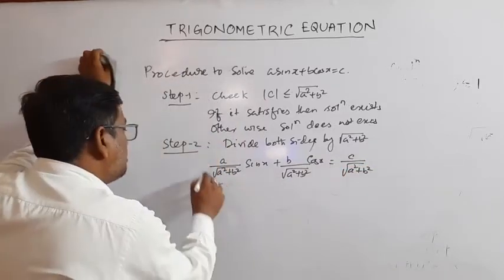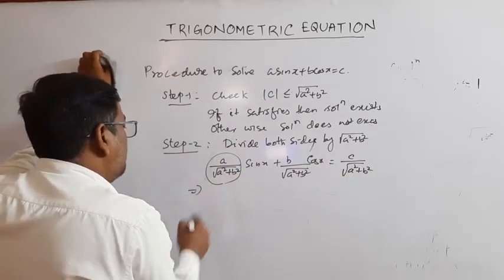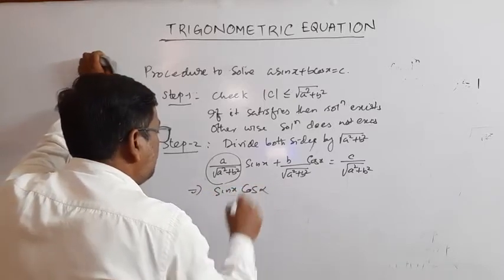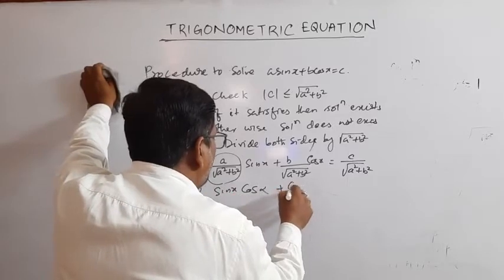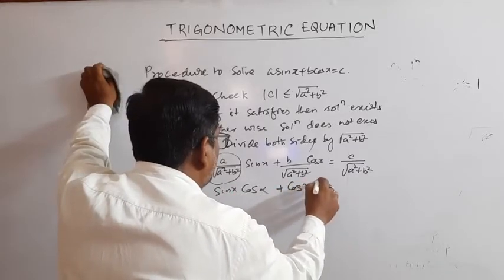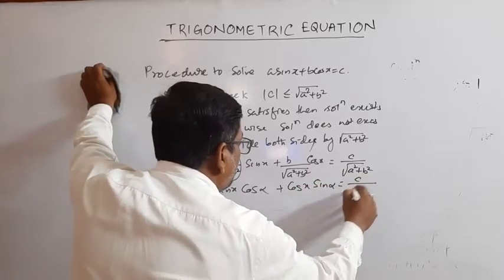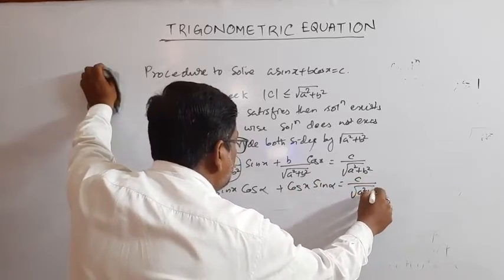This is cos alpha, so sin x into cos alpha, and this is sin alpha, cos x into sin alpha is equal to c by root over a square plus b square.